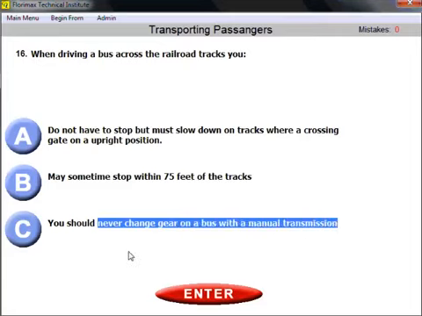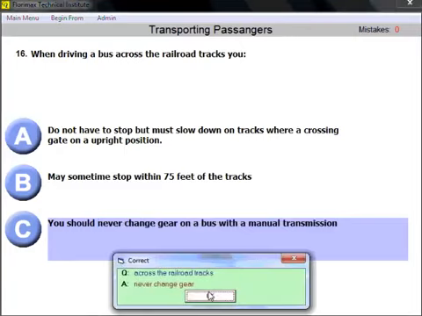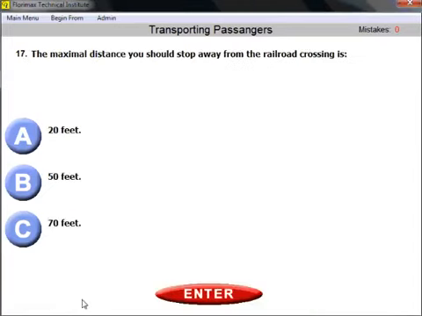Well, you better not change gear on any bus. That's, again, a general safety rule: never change gear when you're crossing the railroad tracks. Never change gear.